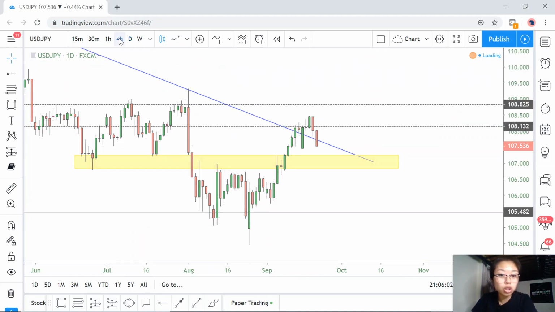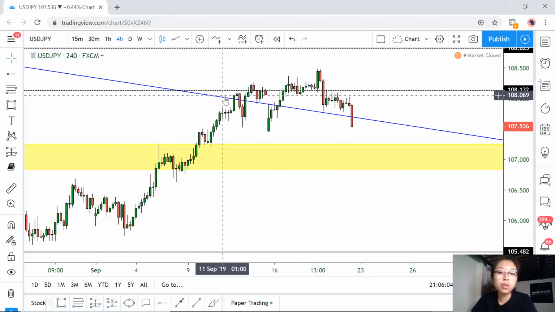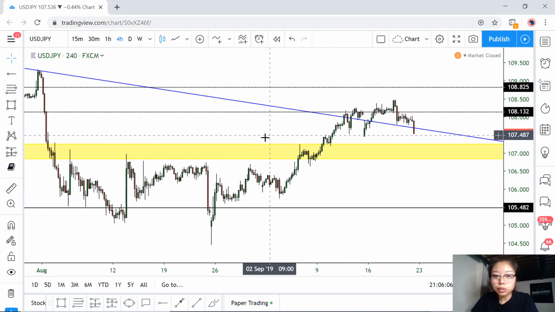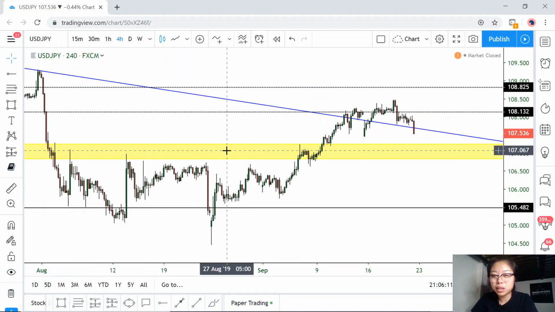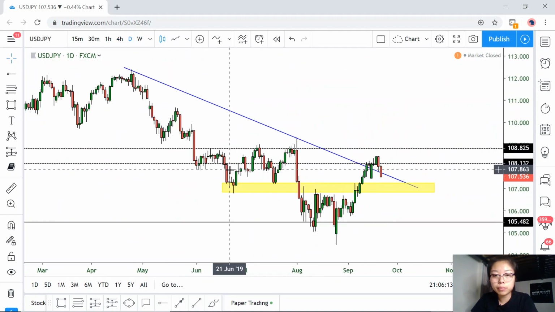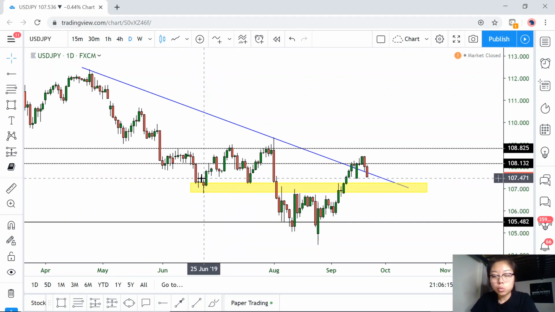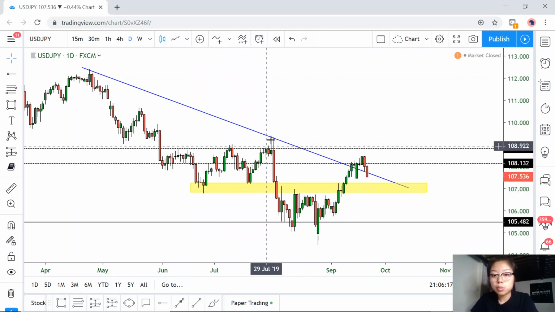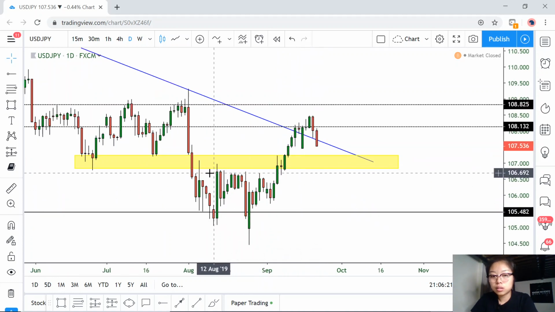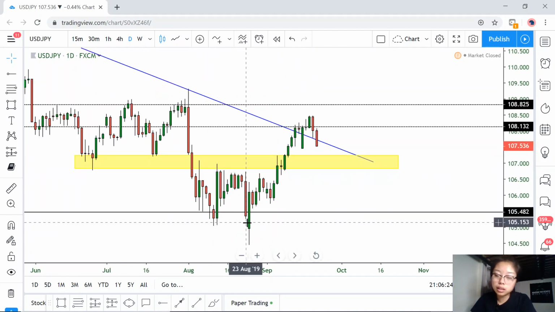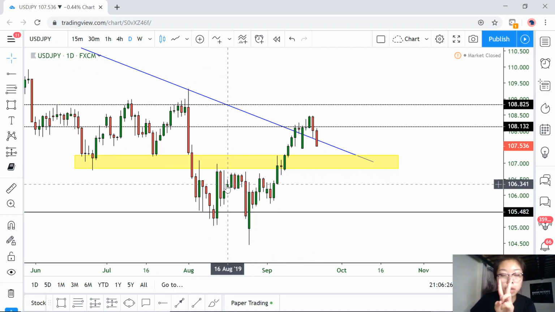So on a lower time frame, on the H4, I want to see what happens when price comes into my yellow zone. Now this yellow zone is on a daily. This yellow zone was previous support, breaks, retests, and if you zoom in a little closer, it came down 2 times.